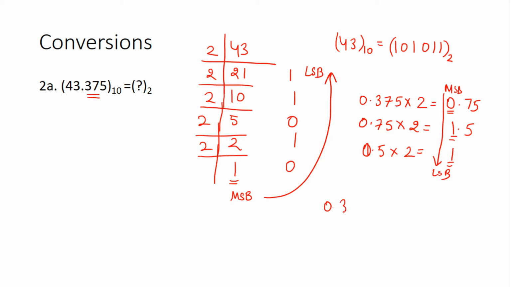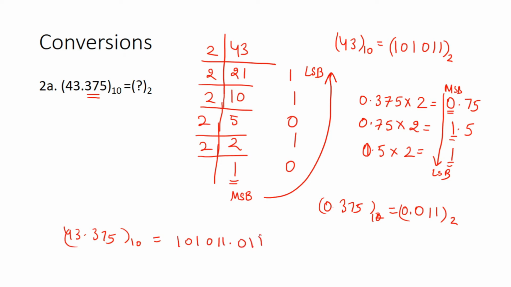So 0.375 in decimal is written as 0.011 in binary. So the whole conversion would look something like 101011.011 in binary.